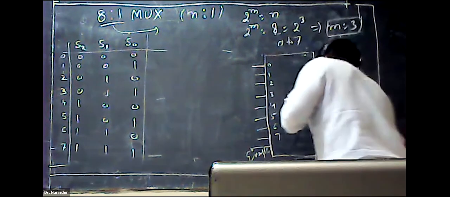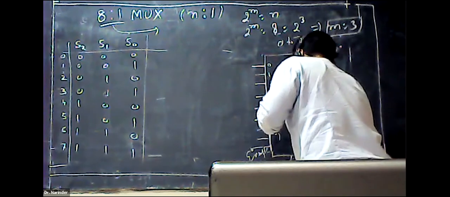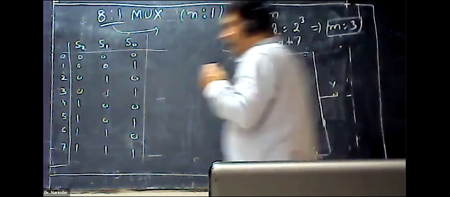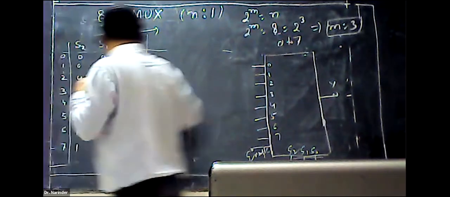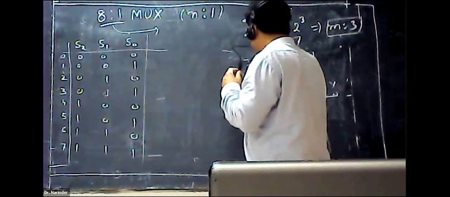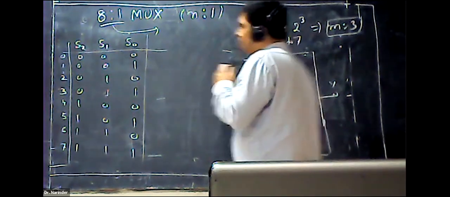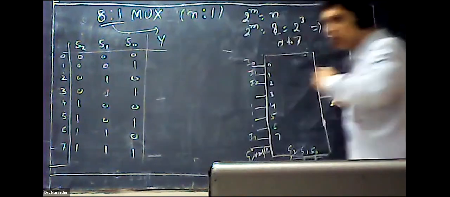Here should be select lines S0, S1, S2, and this would be your output. So you can write the inputs 0 to 7 as I0, I1, I2, and goes up to I7. So your output is named Y.